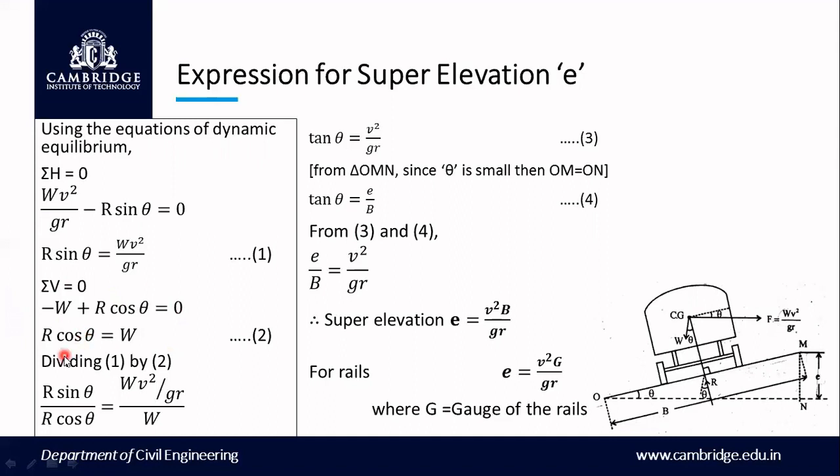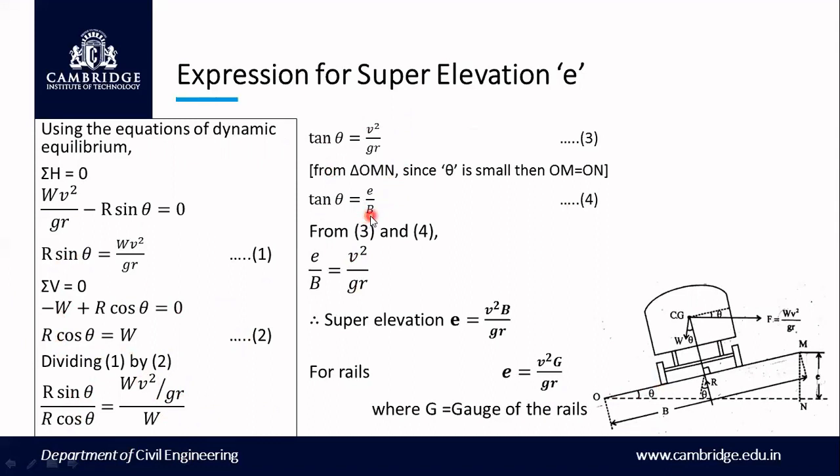Therefore I can rewrite this as R cos theta is equal to W. So using these two equations, by dividing 1 by 2, R sine theta by R cos theta, R gets cancelled, tan theta is equal to V square by GR. That is, tan of this angle of super elevation will be equal to V square by GR.